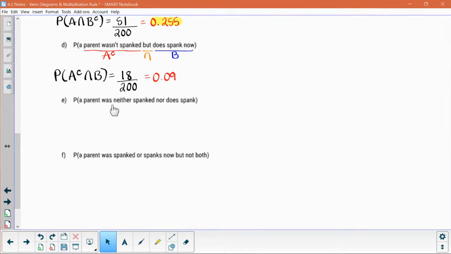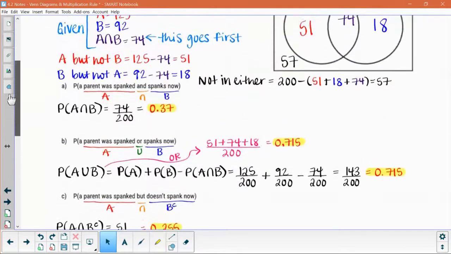Probability that a parent was neither spanked, so A complement nor, which we're going to consider to be an and, even though it sounds like an or, because it's neither nor do they spank now. So I want the probability that they were not spanked and they do not spank.